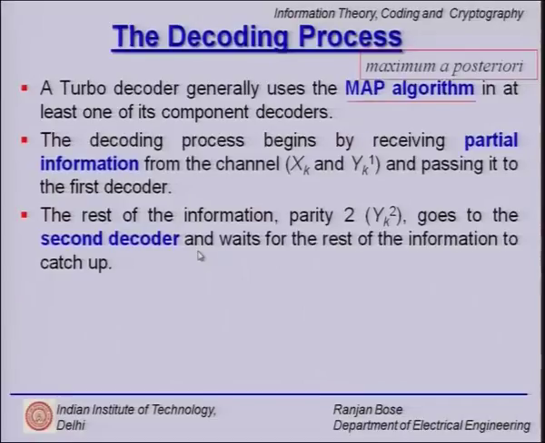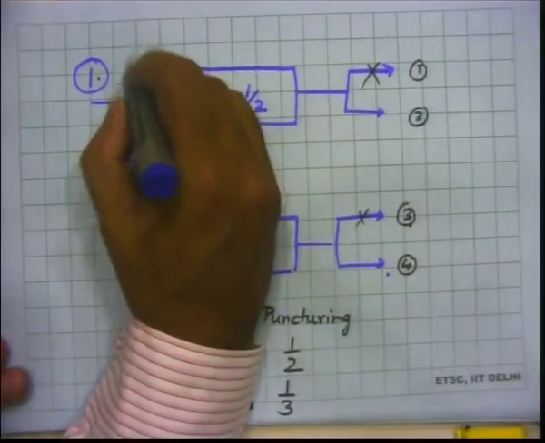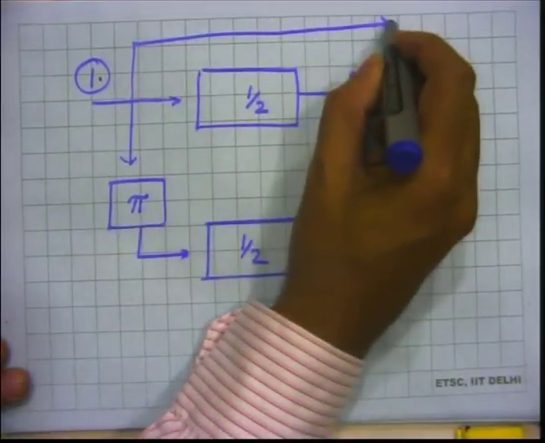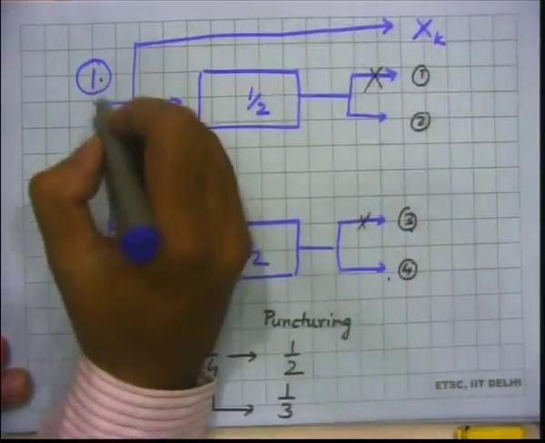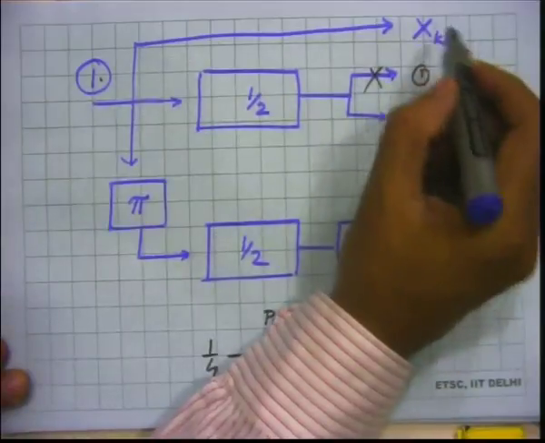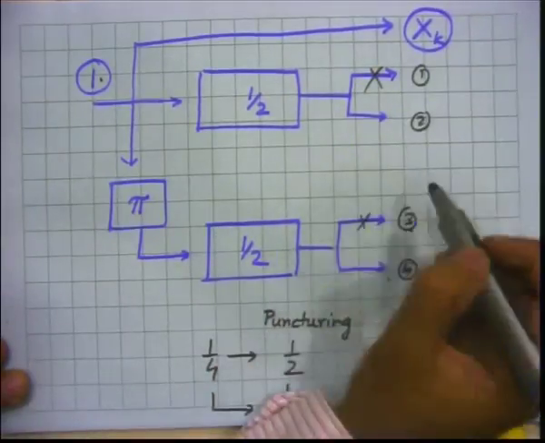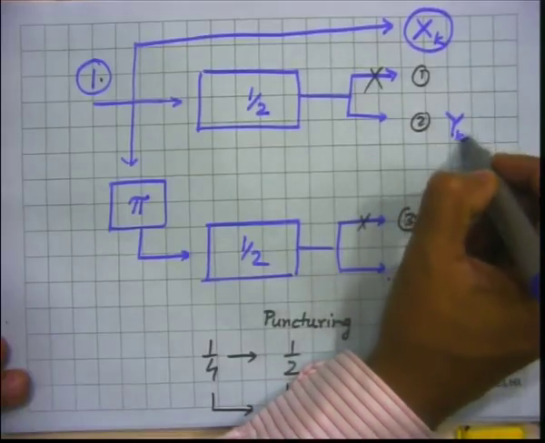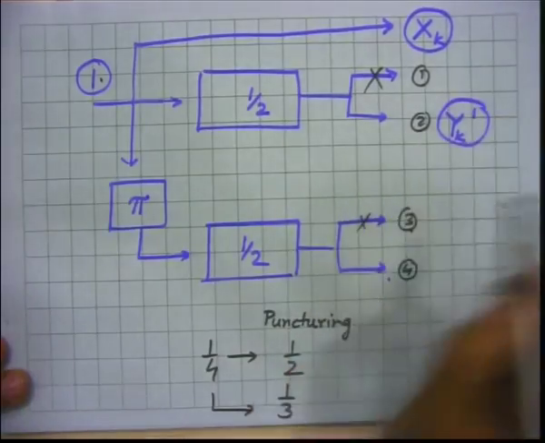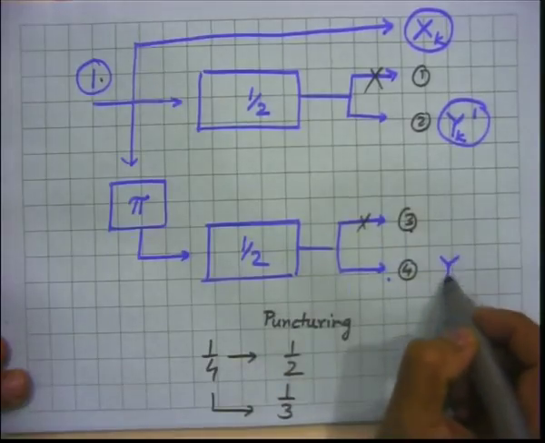So, if you recall, if you go back to the drawing board, we have the original bit coming in. So, it is systematic, and then I discard one of them and I get y_k1, and I discard this one and I get y_k2.